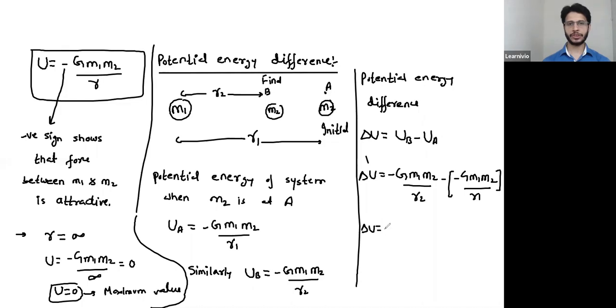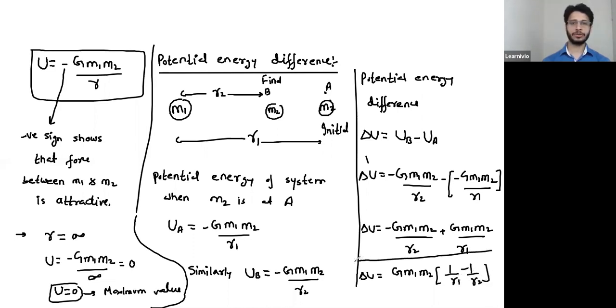So the change in potential energy is minus G M1 M2 by R2 plus G M1 M2 by R1. You can take G M1 M2 as common: 1 by R1 minus 1 by R2. So this is the expression of potential energy difference: G M1 M2 (1 by R1 minus 1 by R2). Always remember that R1 is your initial separation and R2 is your final separation.